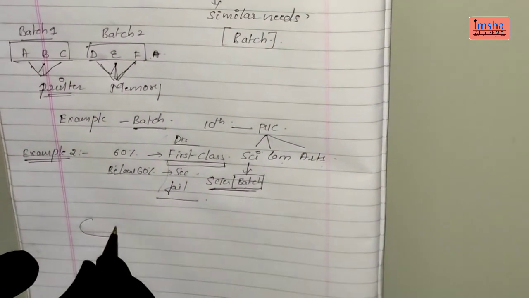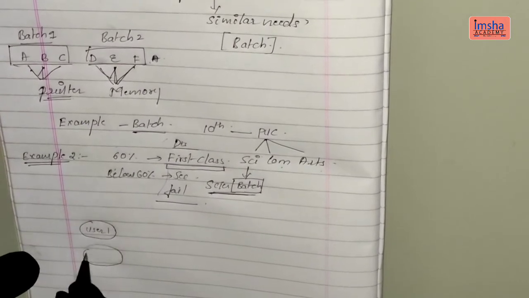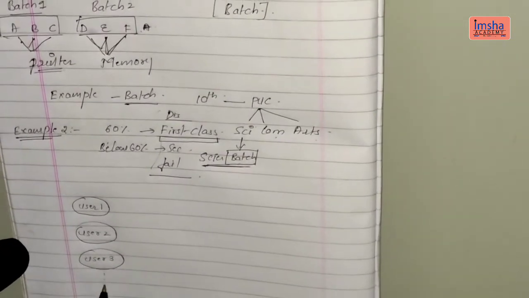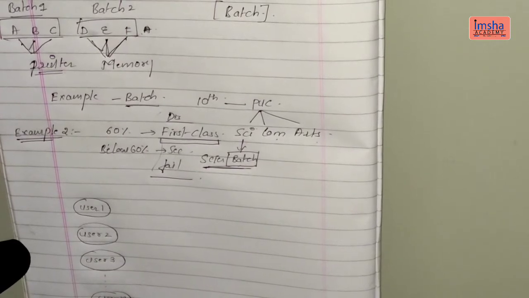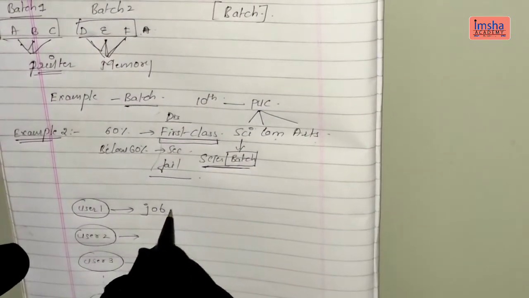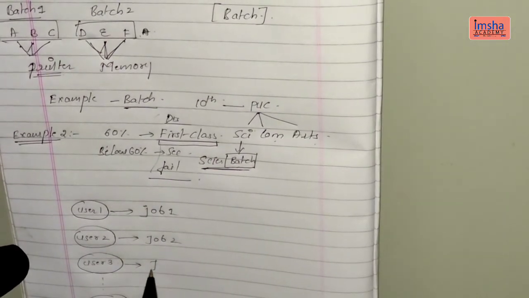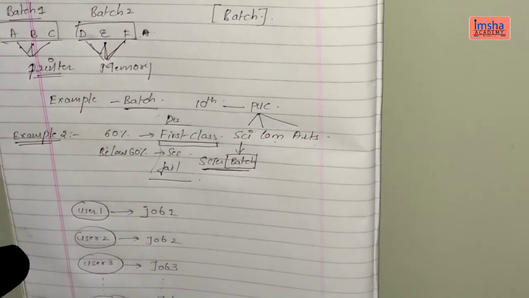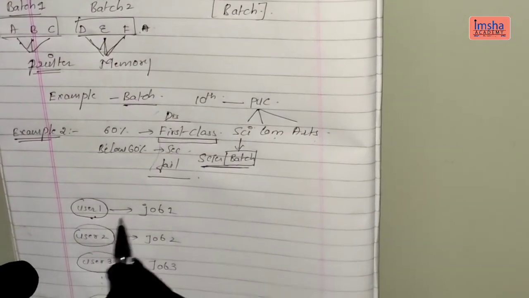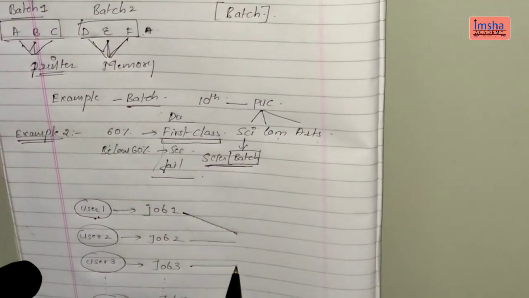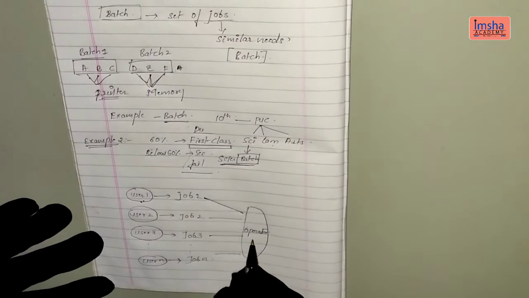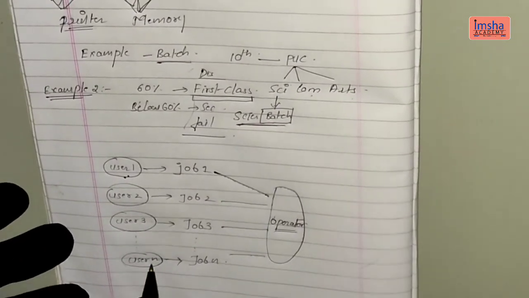Here there will be a number of users, user 1, user 2, user 3, and so on, n number of users, and every user has certain operations to be performed. Every user needs the CPU to perform certain jobs, job 1, job 2, job 3, up to job n. The users will not directly interact with the computer system, rather they will submit these jobs to the operator. The operator is someone who will process the jobs and give the result back to the user.